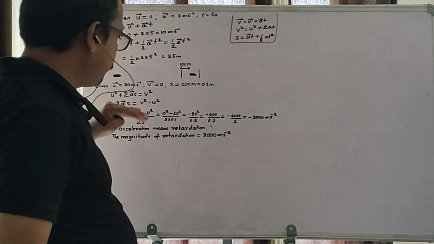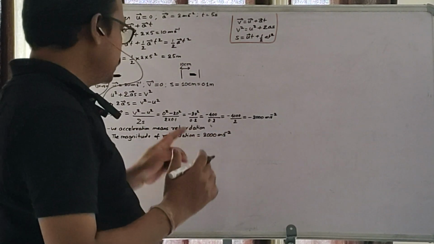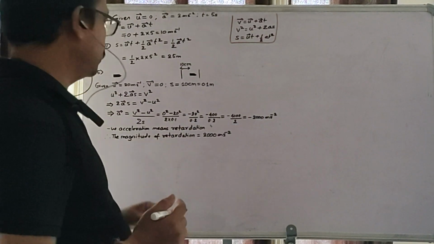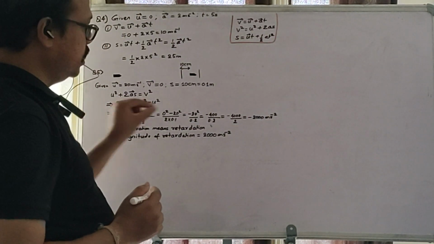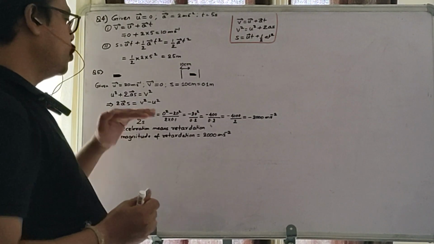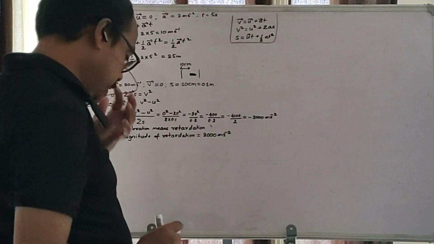That means the final velocity is decreasing and we are subtracting a bigger quantity from the smaller quantity. So that's why it comes out negative. The magnitude of retardation is 2000 meter per second squared, right?